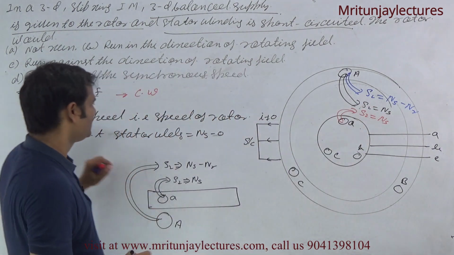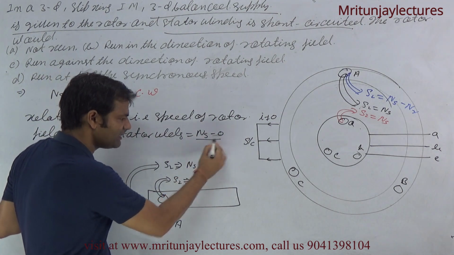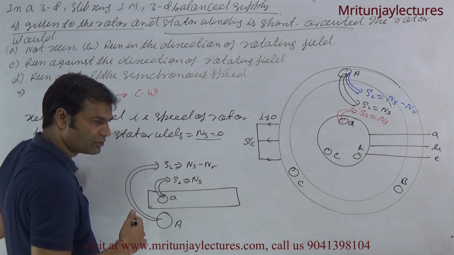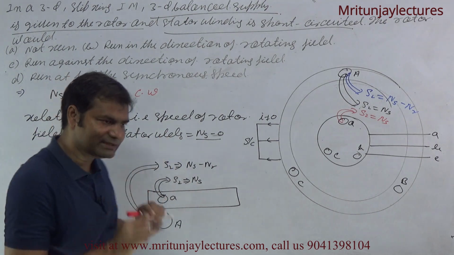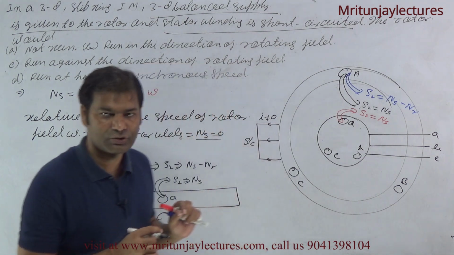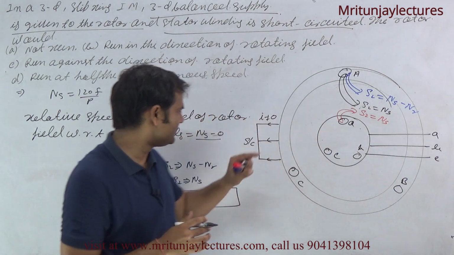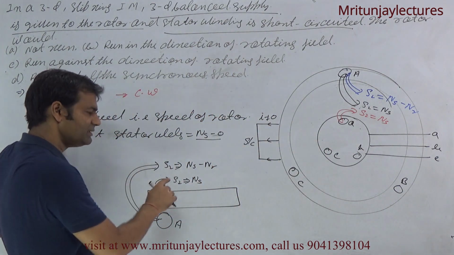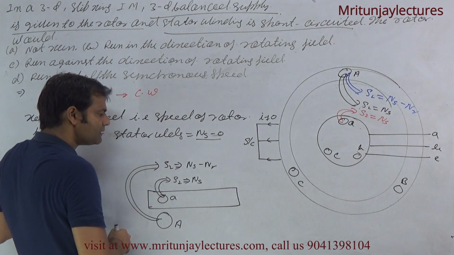Before the rotor starts rotating, it is NS. If the rotor starts rotating, then the relative speed decreases, because according to Lenz law it opposes the relative motion, that is NS minus NR.